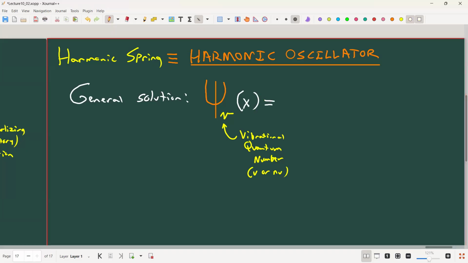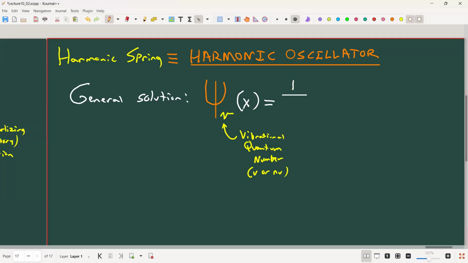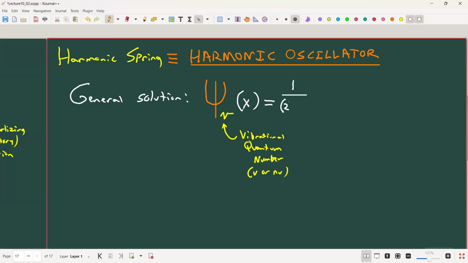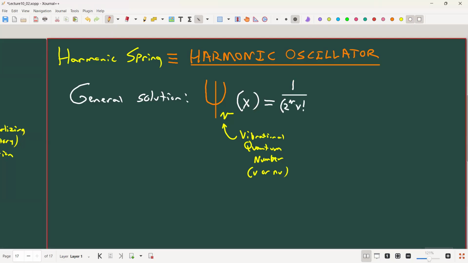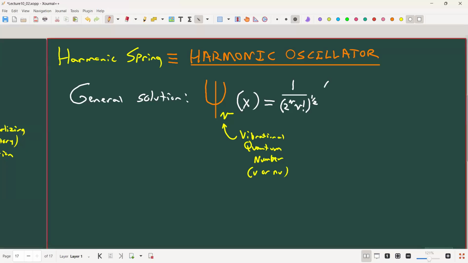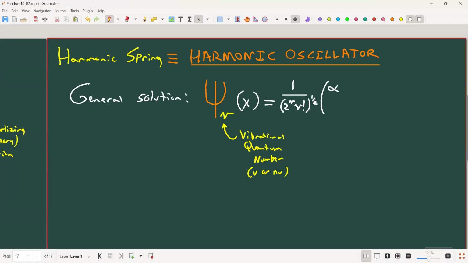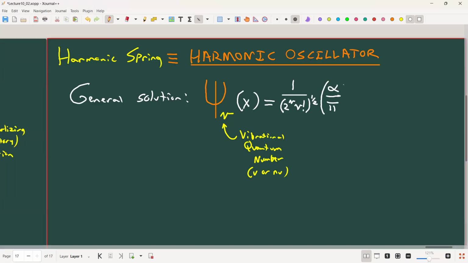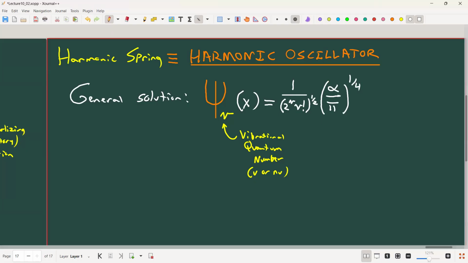And it's equal to a normalization constant, which is 1 over 2 to the nu factorial, to the 1/2, times alpha, which I'm going to define in a second. It's a special constant consisting of things that we've already seen, to the 1/4 power.